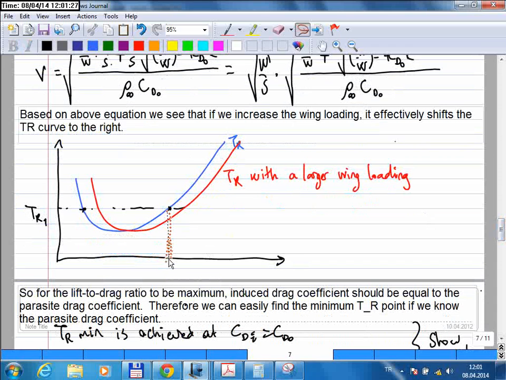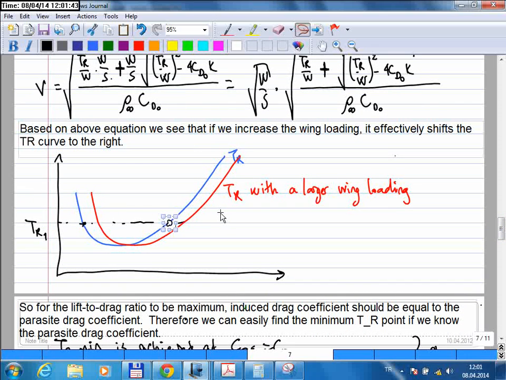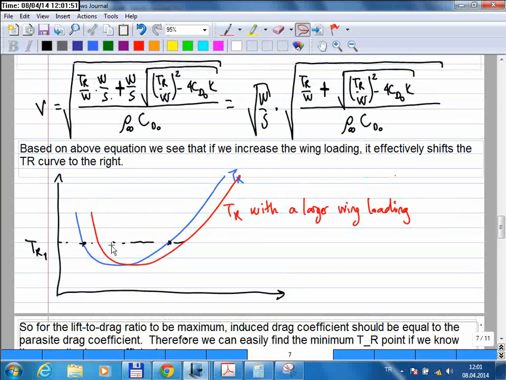And if you change the wing loading by changing the wing design, for example, so that the wing loading becomes larger, then with the same amount of thrust force, you will be able to fly faster. So your aircraft is flying faster, and this obviously has a very important impact on flight performance.